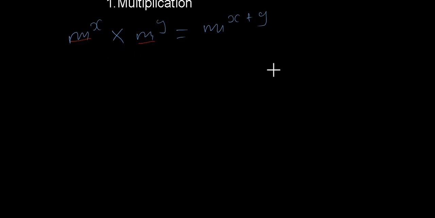Our first example, we have been given 3 to the power 2 multiplied by 3 to the power 4. What are we going to do in this particular case?